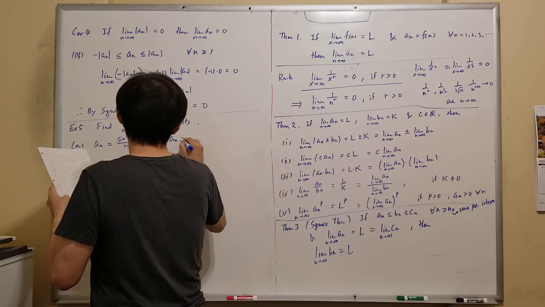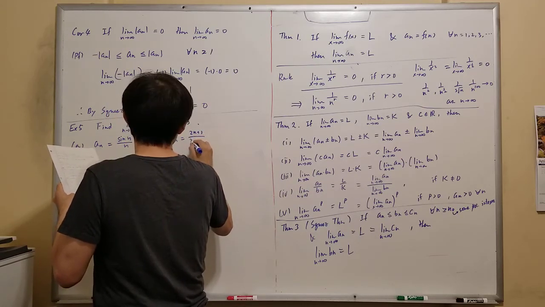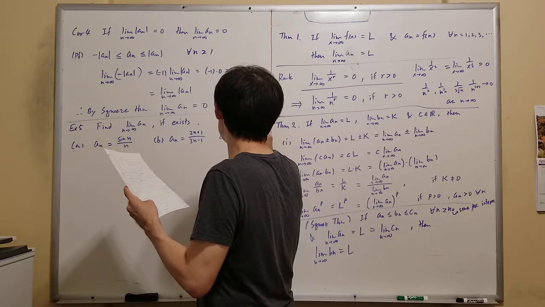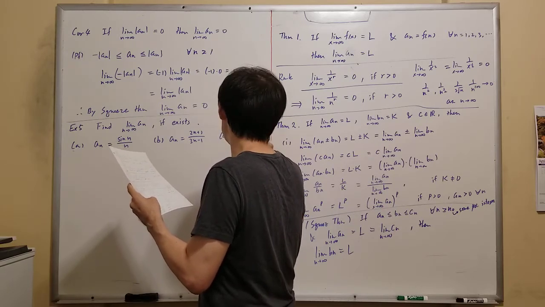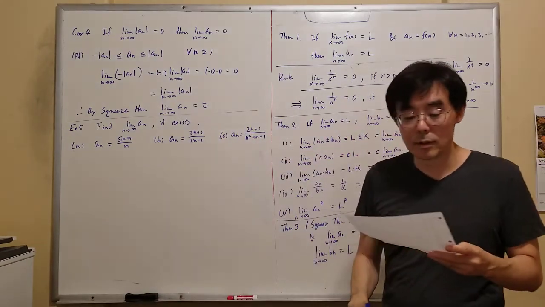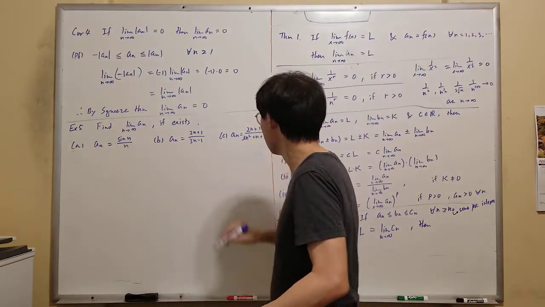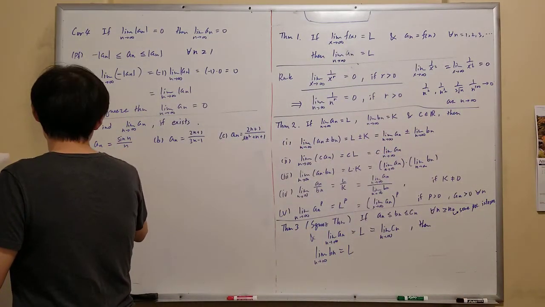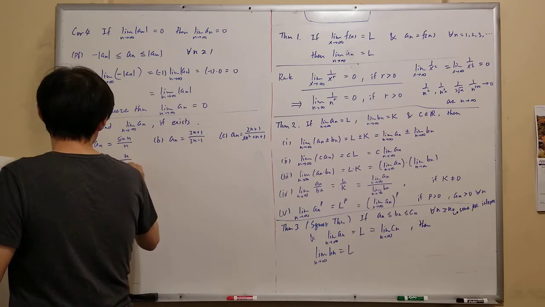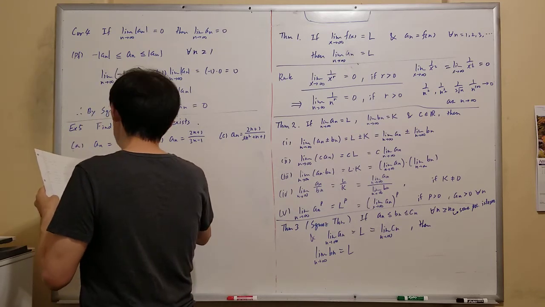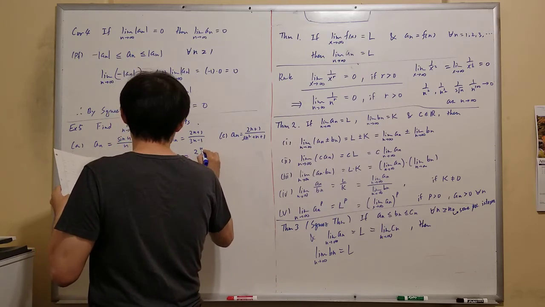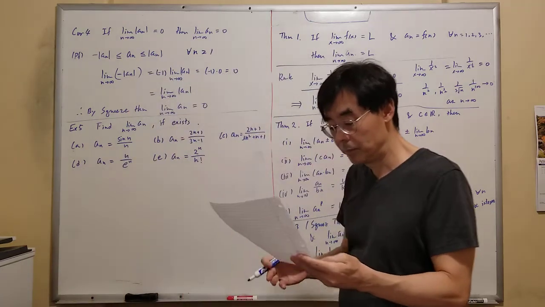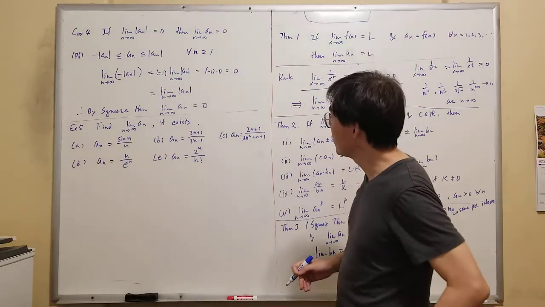B: 2n plus 1 over 3n minus 1. C: a_n equals 2n plus 1 over 3n squared plus n plus 1. Why not? D: a_n equals n over e to the n. E: 2 to the n over n factorial. Okay, let's do this.